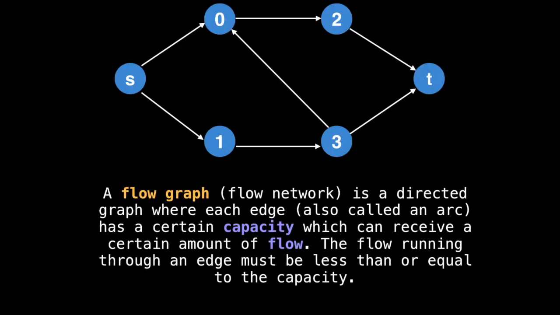To begin with, you will need a flow graph which consists of directed edges, which are also called arcs. Each directed edge has a certain capacity which can receive a certain amount of flow. At all times, the flow running through an edge must be less than or equal to the capacity. This intuitively makes sense because if we allow more flow than what the capacity permits, it means something has to go wrong.